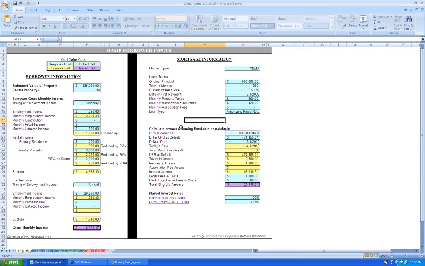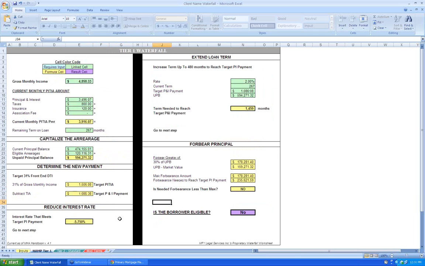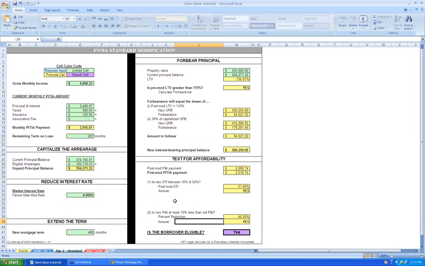So I'm going to quickly go through one more sort of display thing here, which is what happens in different financial situations. So let's reduce their income. And you'll see now that they're going to fail the Tier 1 because they need more forbearance than is allowed.